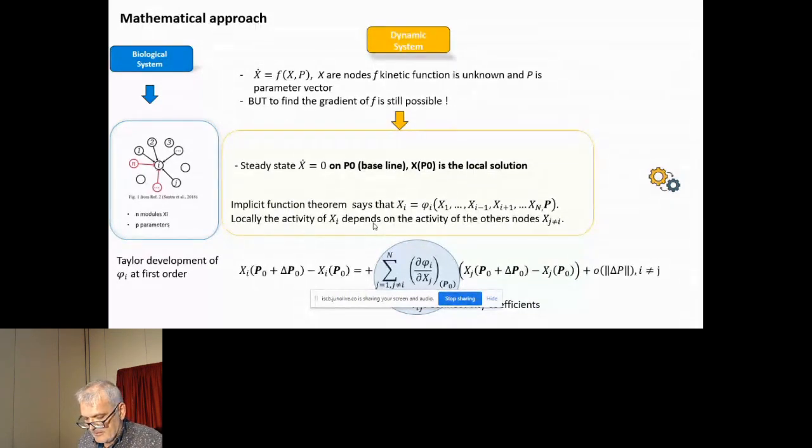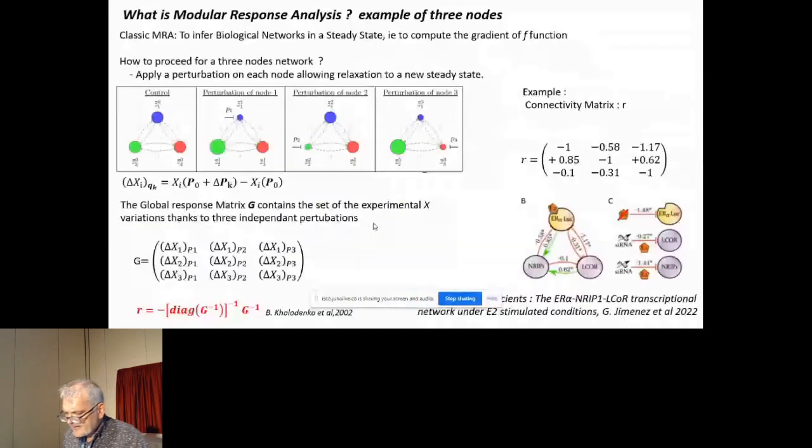And these coefficients are very important, and we call these coefficients connectivity coefficients. So the classic MRA goal is to infer a biological network in a steady state. It means to compute the gradient of a kinetic function f.